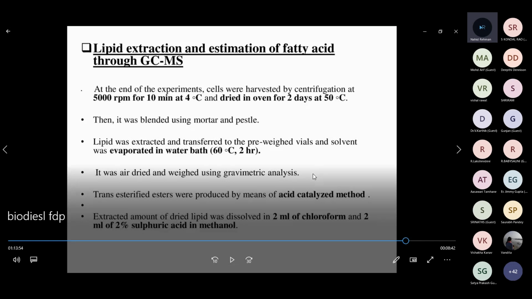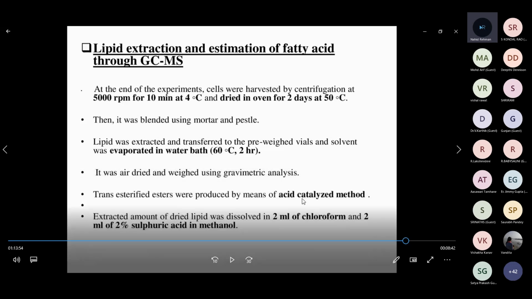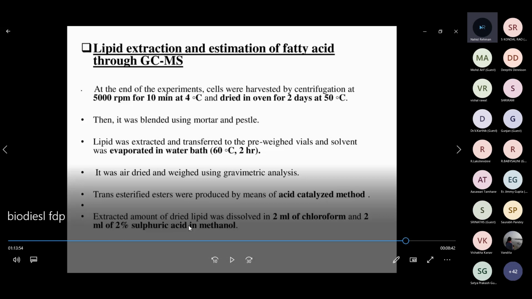And then by the acid catalysis method, we produce the transesterified esters, and methanol is used for helping in the transesterification. So the extracted amount of dried lipid was dissolved in 2 ml of chloroform and 2 ml of 2% sulfuric acid in methanol.